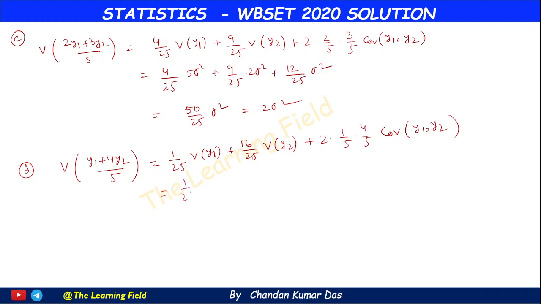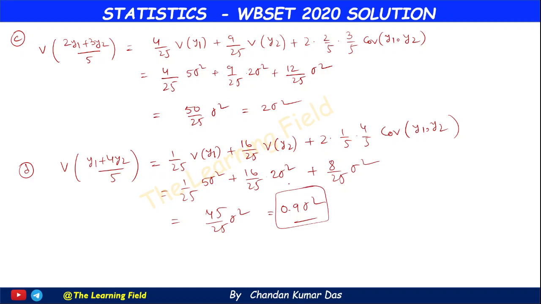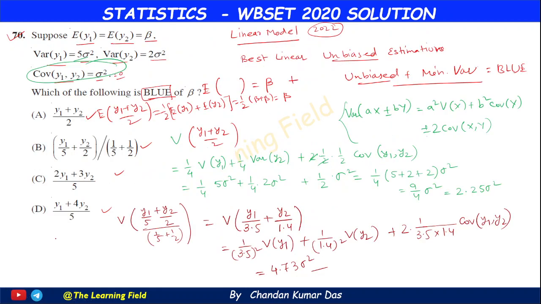So this is equal to 1 by 25 into 5 sigma square, 16 by 25 into 2 sigma square, plus 8 by 25 sigma square. So this gives 5 plus 32 plus 8, which is 45 by 25 sigma square, equal to 1.8 sigma square. Okay, so we find all the variances, and this is the minimum variance among all the given estimators. So our answer is option D. This is the BLUE, that is best linear unbiased estimator.